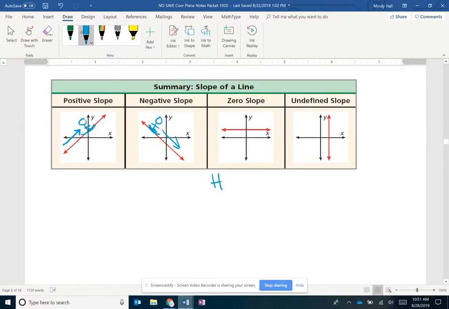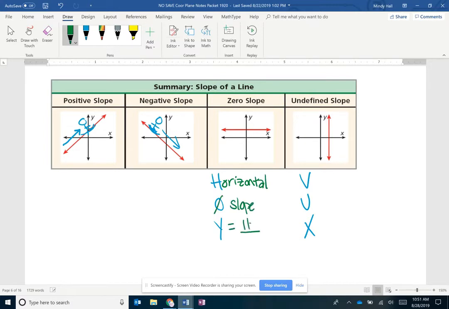So we do have a little memory trick to help you remember your horizontal and vertical lines. When you have a horizontal line, it has a 0 slope, and it is y equals some number. So that's HOY. HOY tells you a horizontal line is always y equals something and your slope is 0.